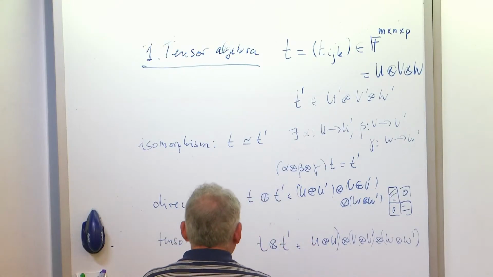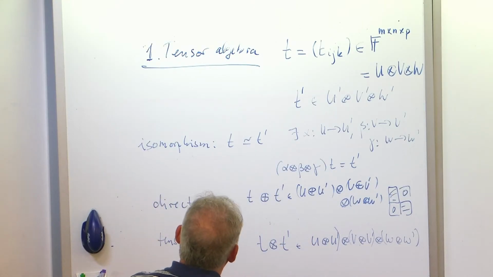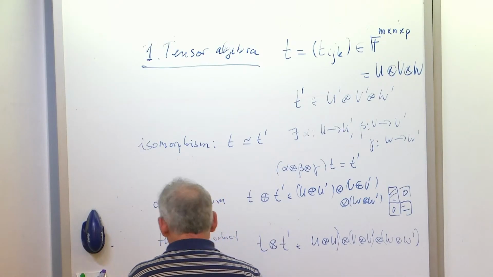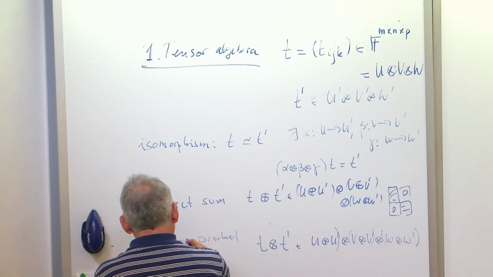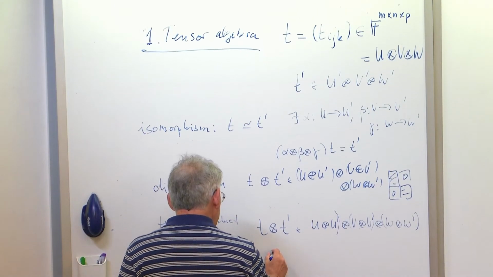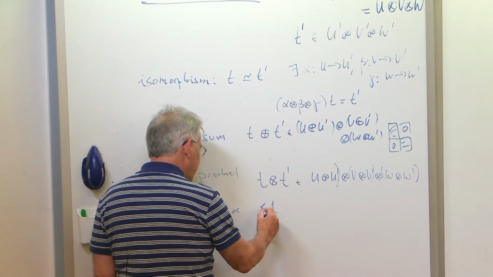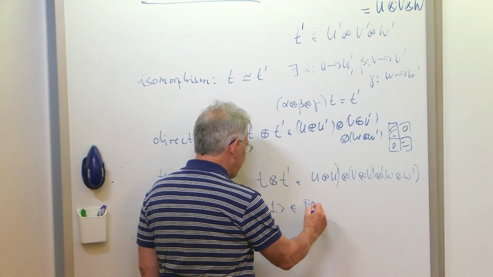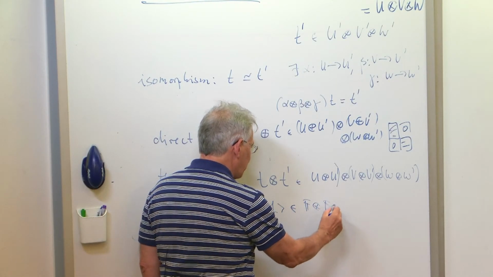My goal is to explain that there's actually a ring structure here. It's a really nice algebra. We also have a unit tensor, something like 1, which I denote with 1 in these brackets. This is a tensor in F tensor F tensor F. It's just 1, right?